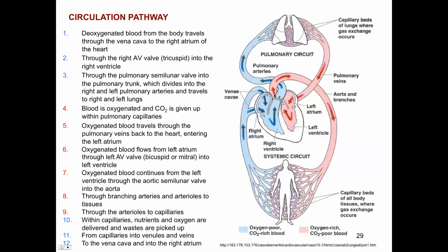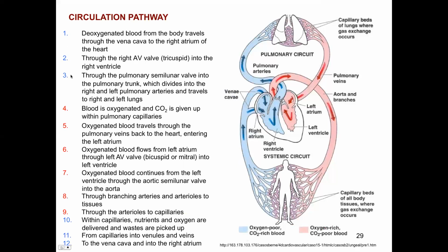Now the pulmonary valve and the aortic valve are your semi-lunar valves, all right? So out through the aorta to the rest of the body: elastic arteries, muscular arteries, arterioles, capillary bed, venules, veins, and then right back into the right atrium, okay?